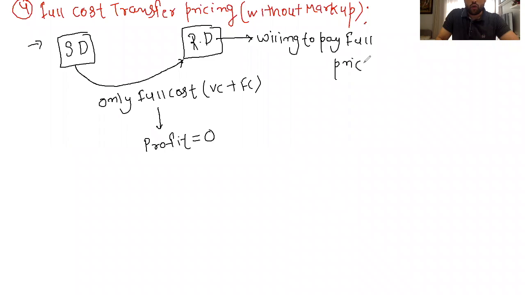It means if my cost is $10, right, the receiving division is willing to pay $10 to the supplying division. That's the simplicity and the good thing about this method, right?